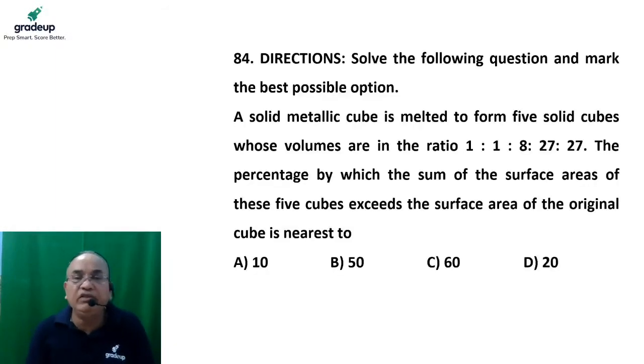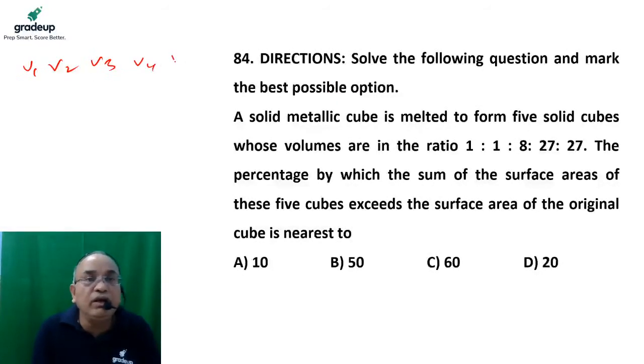I have left one slide blank. A solid metallic cube is melted and formed into 5 solid cubes whose volumes are given in the ratio of 1 is to 1 is to 8 is to 27 is to 27.